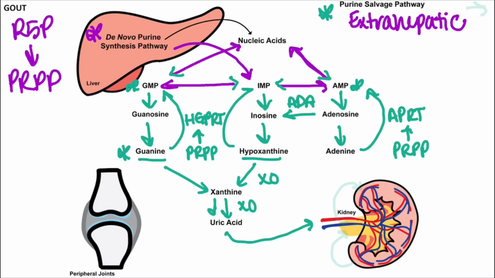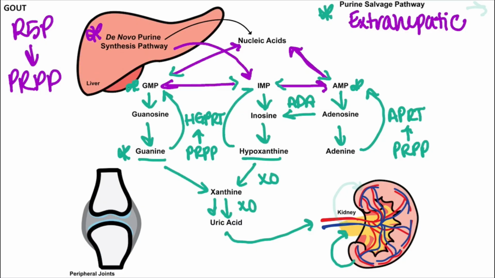Now, there are two important things to note that will be key moving forward as we talk about these drugs and the mechanism of gout. So firstly, uric acid is filtered by the kidney, and it also undergoes tubular secretion, where uric acid will be secreted into the filtrate, promoting its clearance from the body, so ultimately lowering uric acid levels.